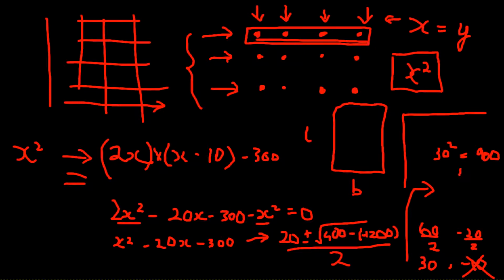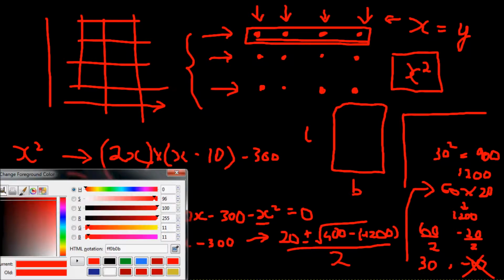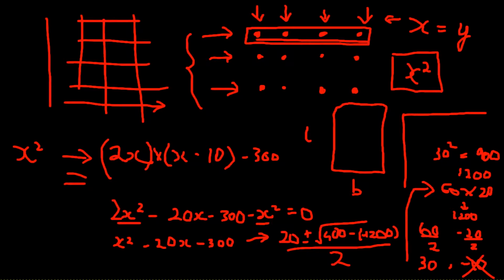If you want to verify, the number of rows were doubled, so you get 60 rows, but the columns were reduced by 10. So you had 60 into 20, and you can see it comes out to be the same, 1200. Now I'm going to do another sum like this, except it'll be based on speed of something. I'm going to erase this first.